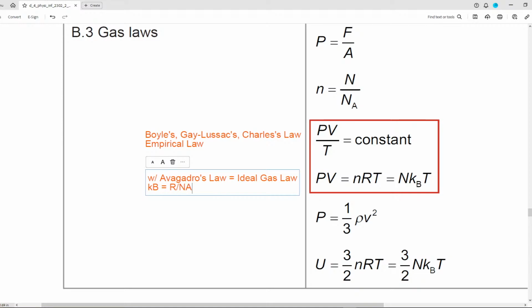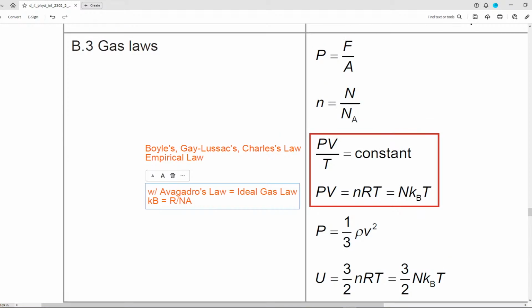With that definition of Boltzmann's constant, which he used to model kinetic energy and behavior, you get the formula which you see in front. That, once again, is just the ideal gas law. So those are the empirical laws on top and the ideal laws on the bottom.